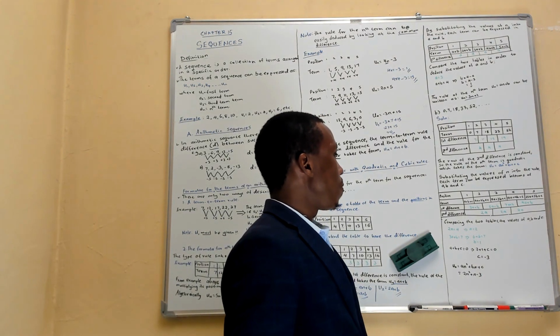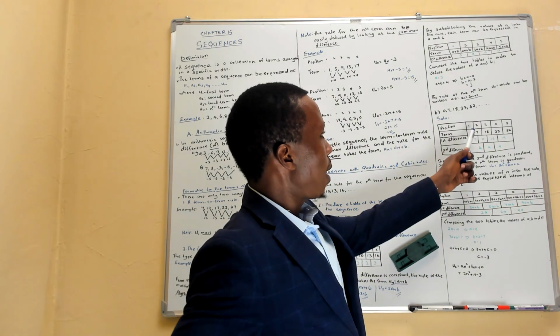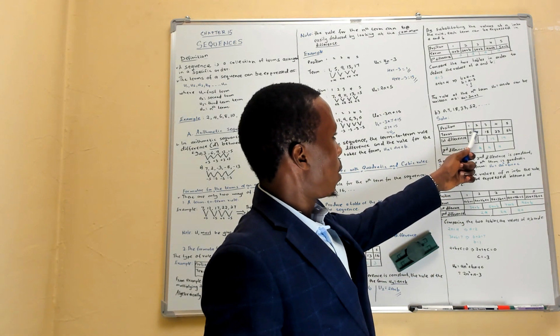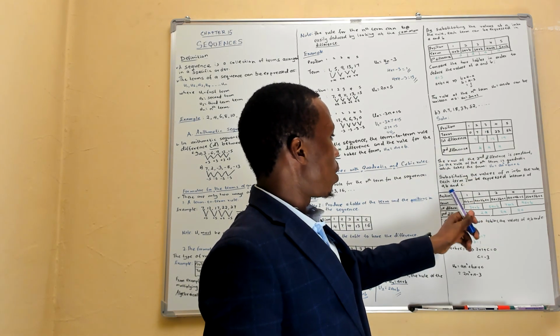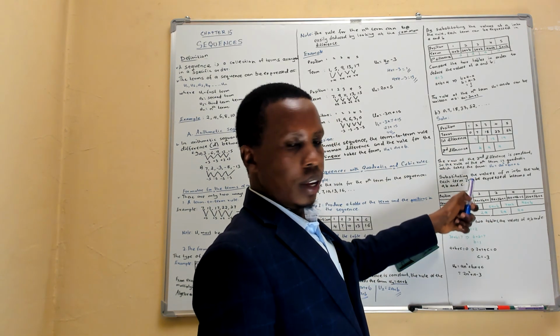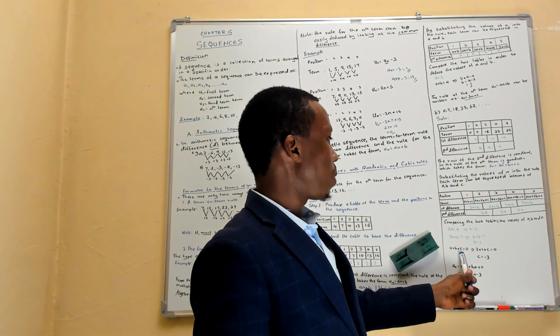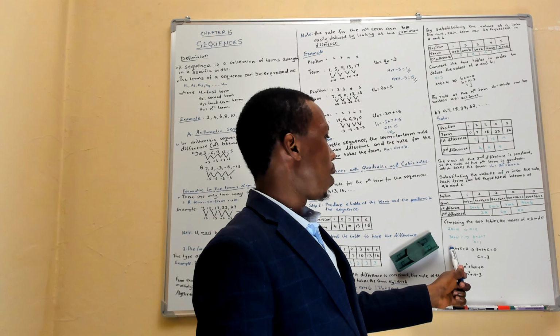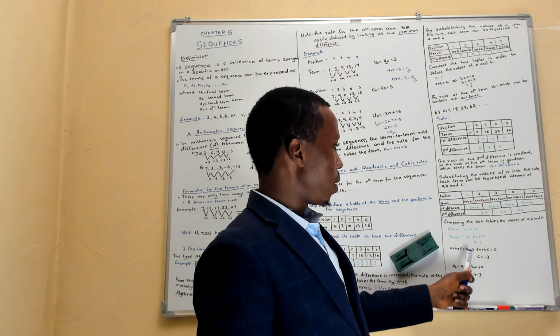And I know very well that the first term here was 0. Okay, so I equate them. 0 here, 0 here. So a plus b plus c equals 0. I already have a and already have b. What is c?